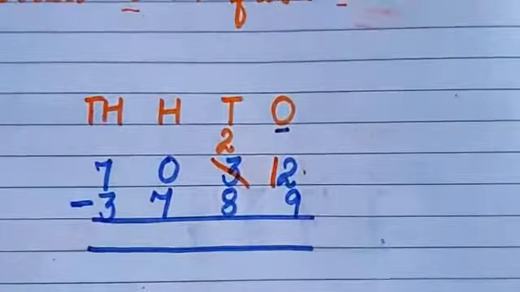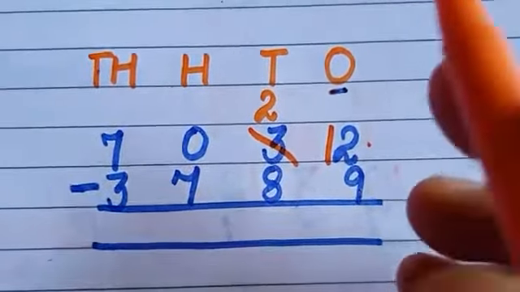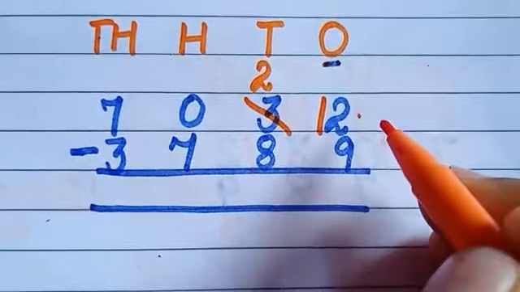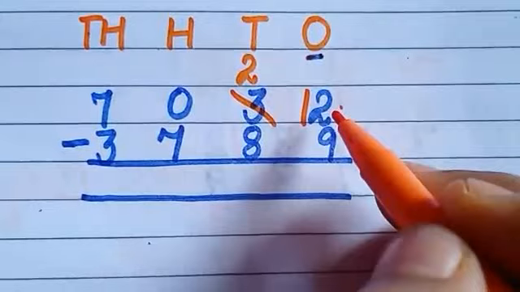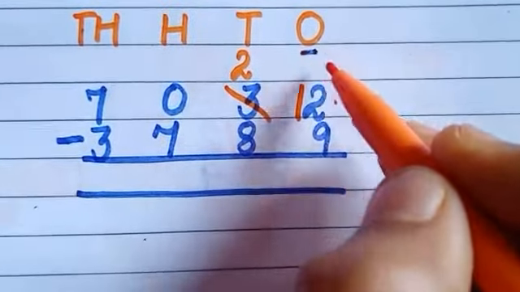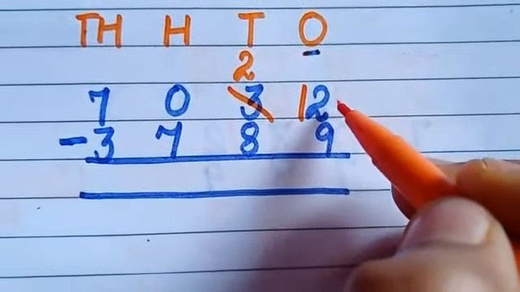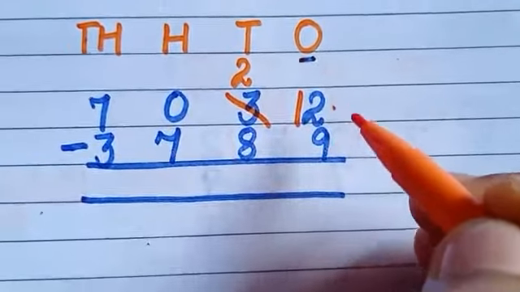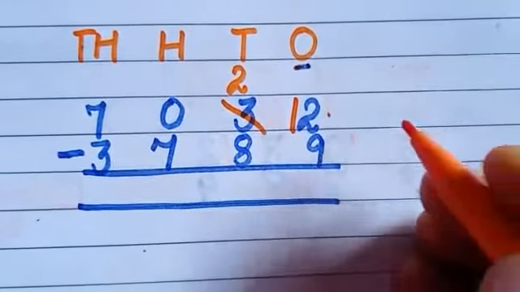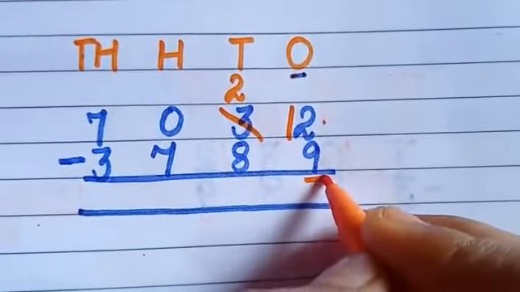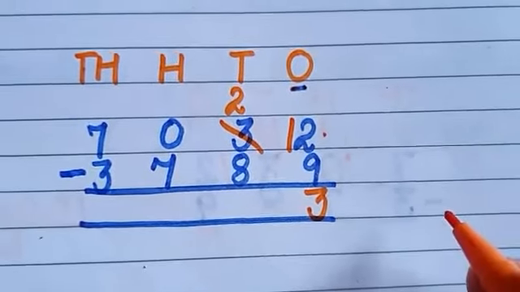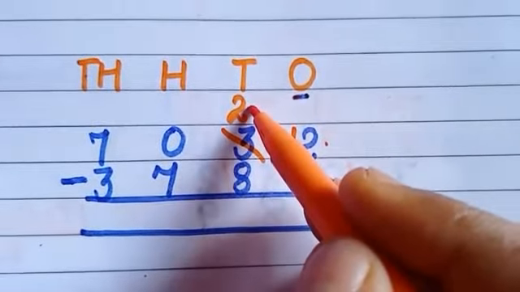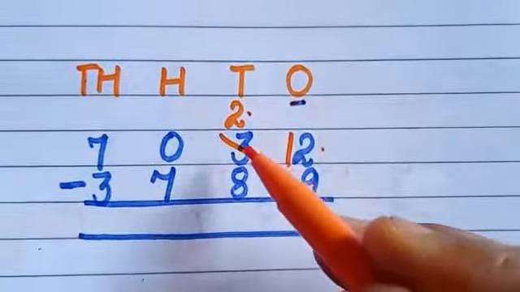Understood? You can see. So now I have 12 minus 9. What is 12 minus 9? 12 minus 9 is 3. And over here I have 2, not 3.